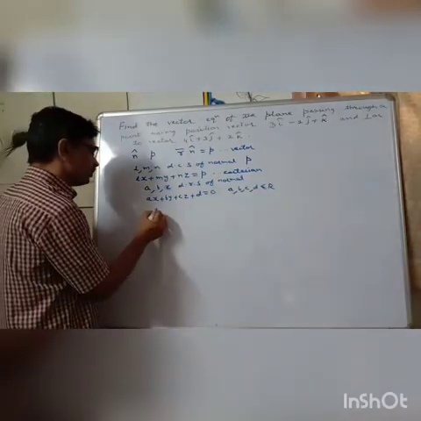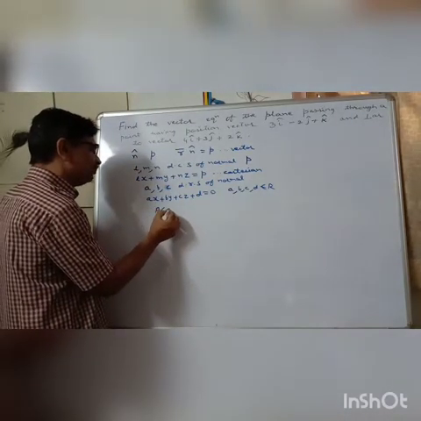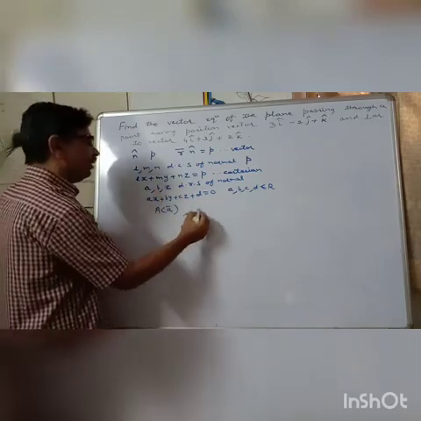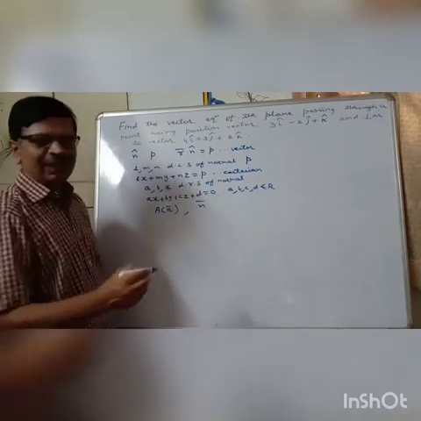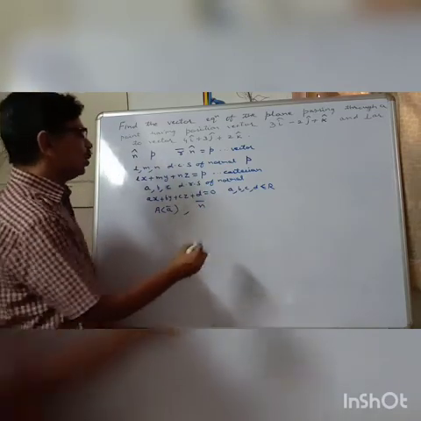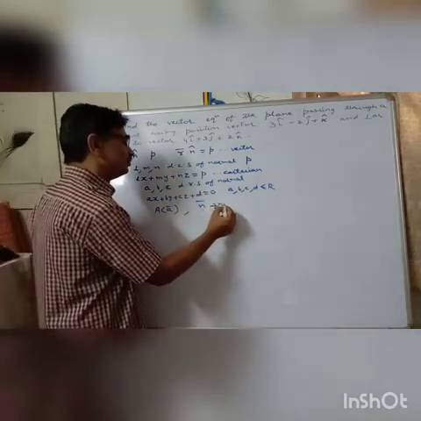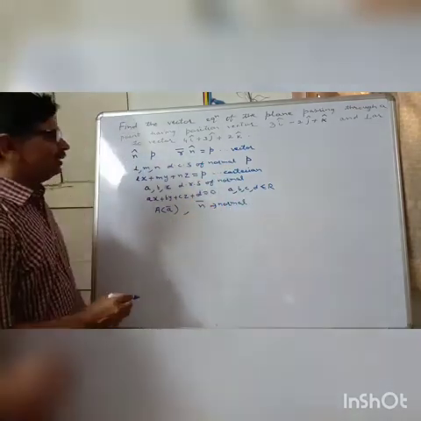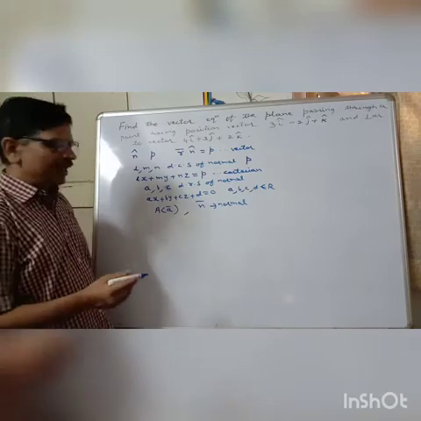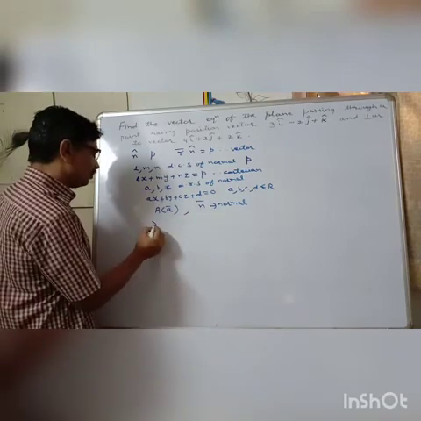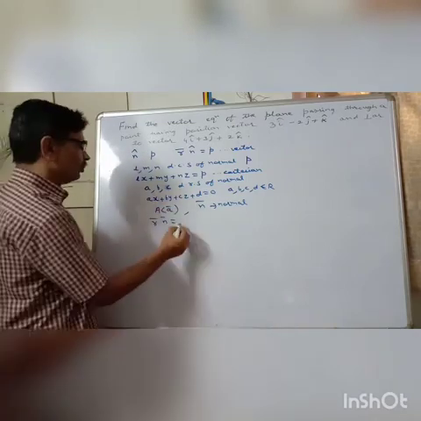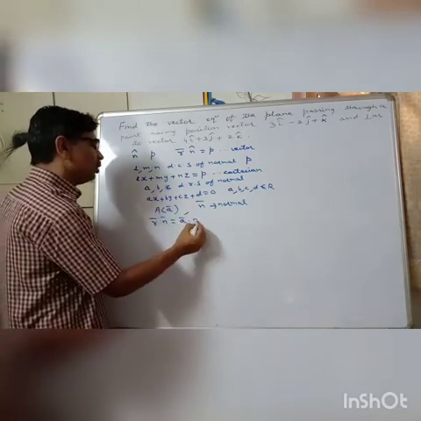Suppose A is point in the plane with position vector a bar, and n bar is a vector which is normal to the plane. Then equation of plane in vector form: r bar dot n bar equal to a bar dot n bar.